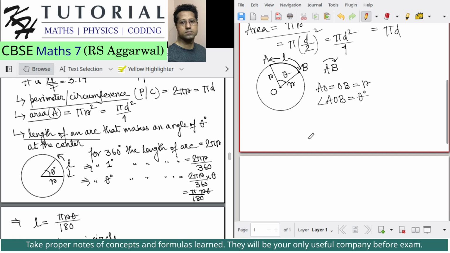So to find the length L in terms of R and theta, the concept that I will apply is this.